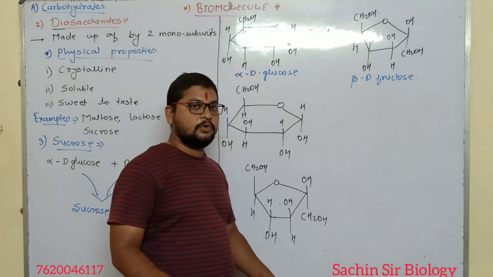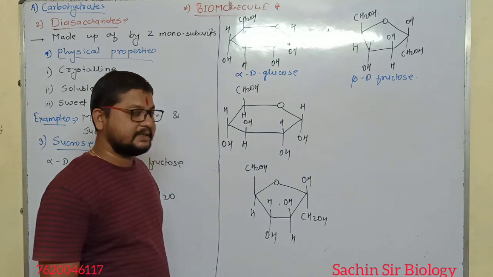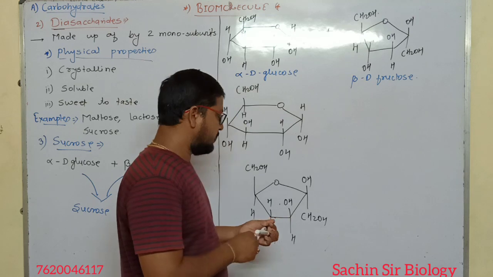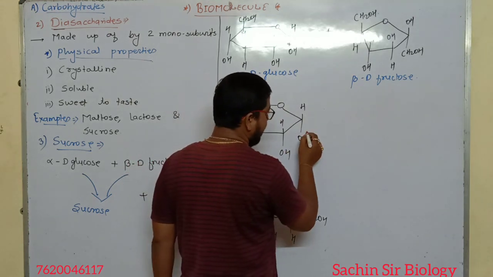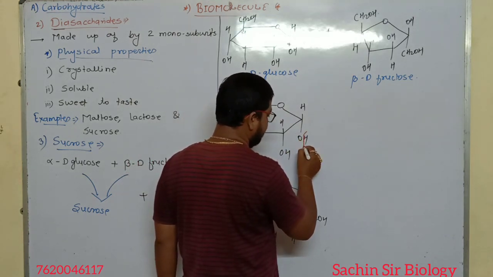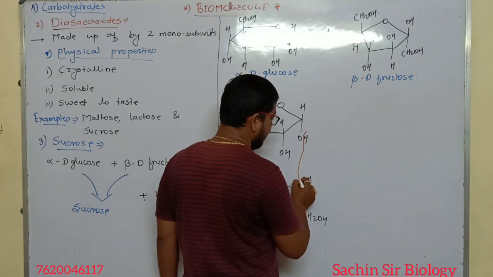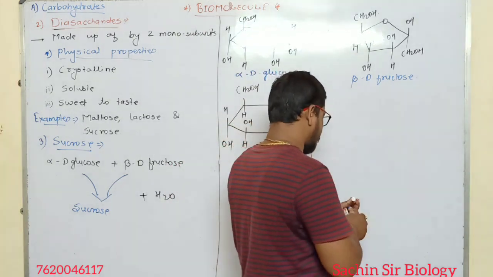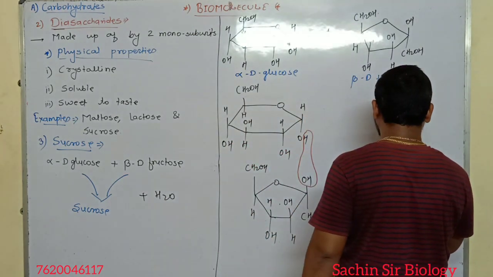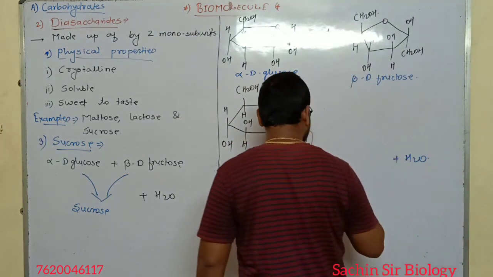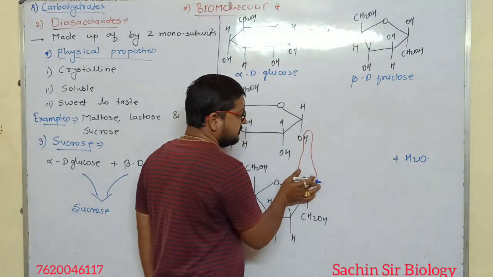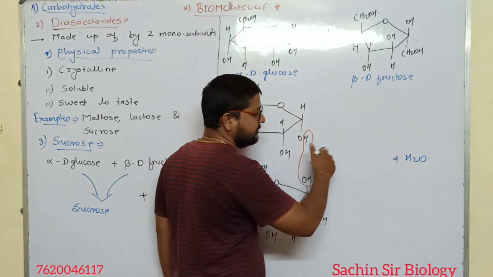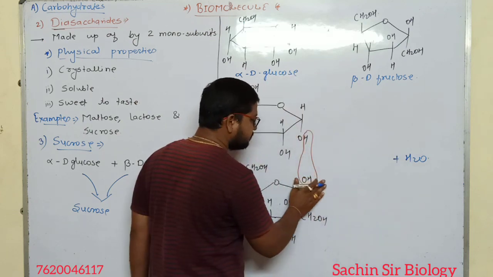Now, how is this water molecule produced? From which carbon is hydrogen removed, and from which carbon is the hydroxyl group removed? Say hydrogen from the first carbon and hydroxyl group from the second carbon are removed to produce water. Understand? Yes, hydrogen from the first and hydroxyl from the second are removed and it produces water.